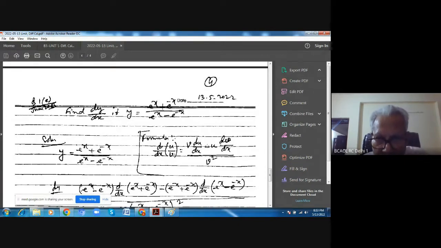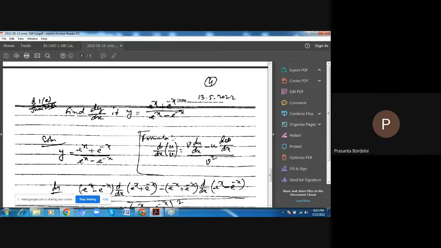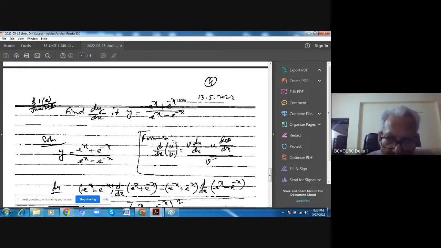Once v remains the same in the first part, the upper part is differentiated. Then the upper part u remains the same and the lower part is differentiated, just interchange. And in the denominator, v square, whatever it is, you simply square it.